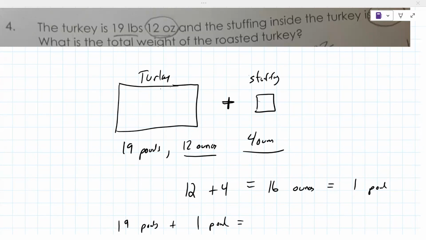Let me take a look at what else Mom sent over, to see what else we can work on today that might be a struggle. All right, I'm just looking at some of your other work.